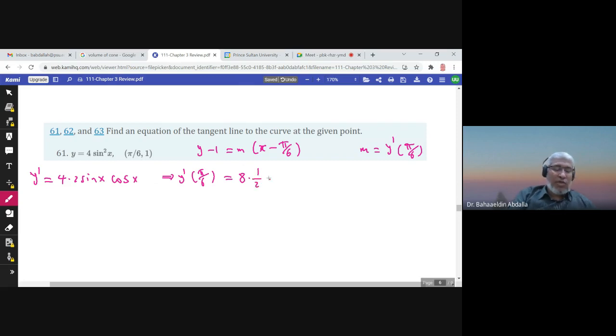And cosine pi over 6 is square root of 3 over 2. So this would be 8 over 4, 2 square root of 3. So the equation is y minus 1 equals 2 square root of 3 times x minus pi over 6.